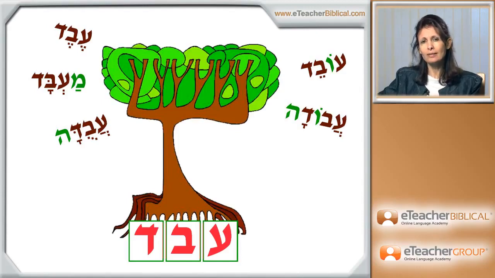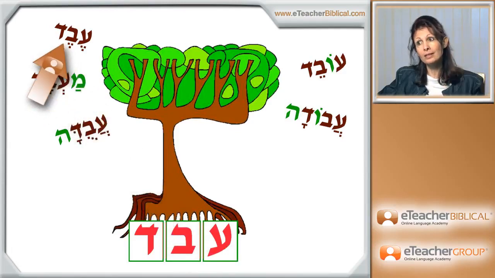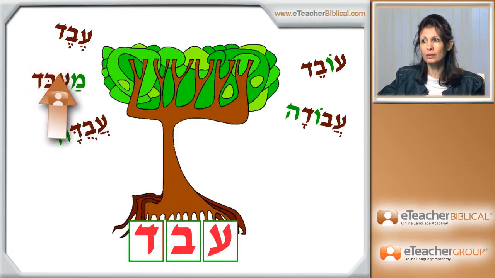You can see that most Hebrew words have a root that will appear in different words all along. For example, around the tree, many words. The very first one at the top on the left-hand side is Eved. Eved in Hebrew is a slave. Now let's go down to the word Ma'abad.